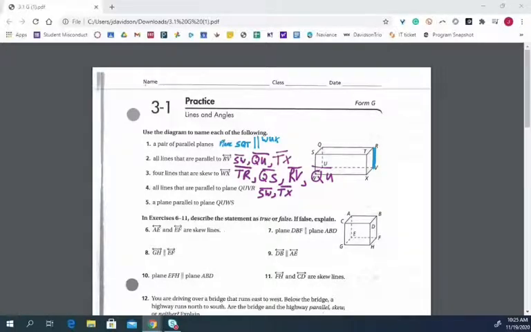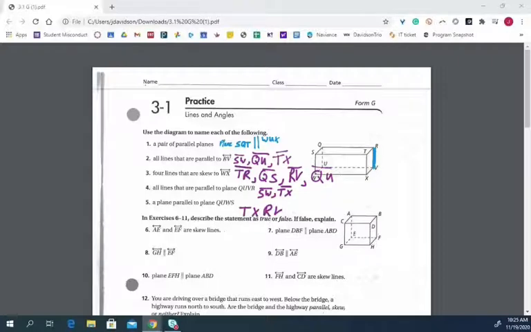I think that's it for that one, right? Yep. A plane parallel to QUWS. So I think that's the one I was thinking of. QUWS on the left side, so it's parallel to the left side. TX, RV. That works. Nothing else would work, but you could do different combinations of those letters.